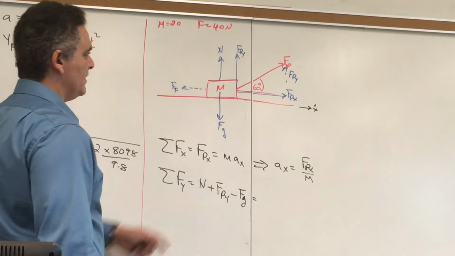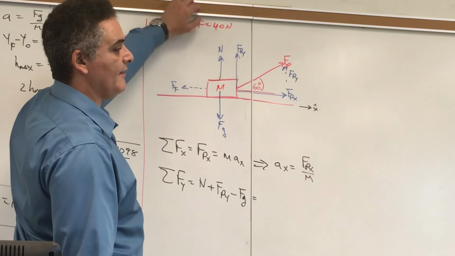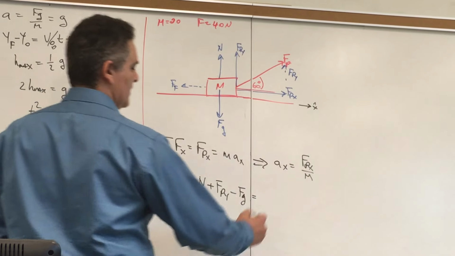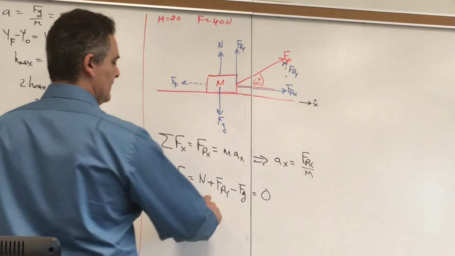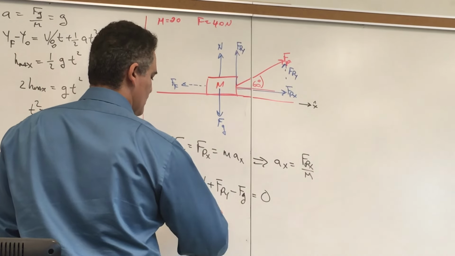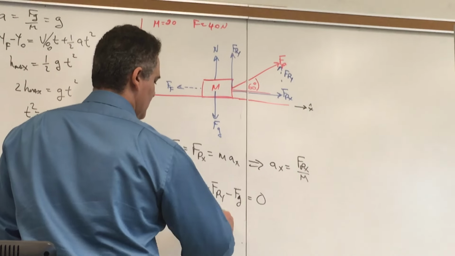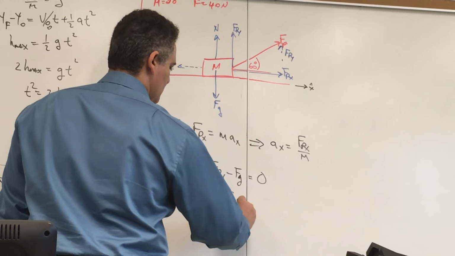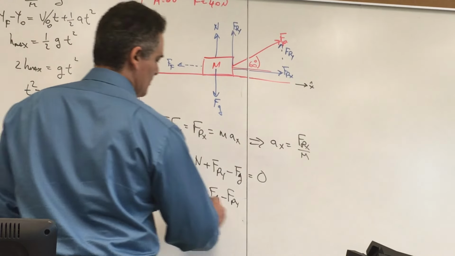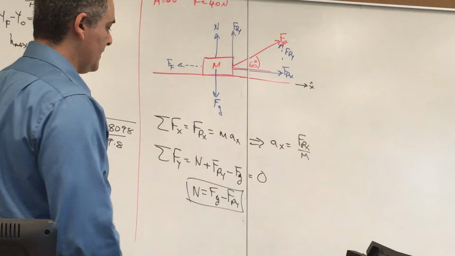And again, we can assume that this is not pulling hard enough to pull it off of the platform. So that means there's no acceleration in this direction, right? If I solve this, I can find my normal force. My normal force here is then going to be Fg minus Fpy. And that's my normal force acting on the block.